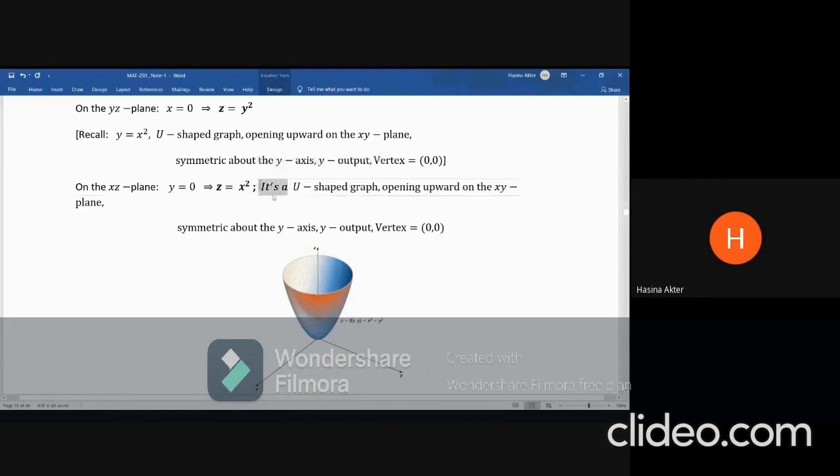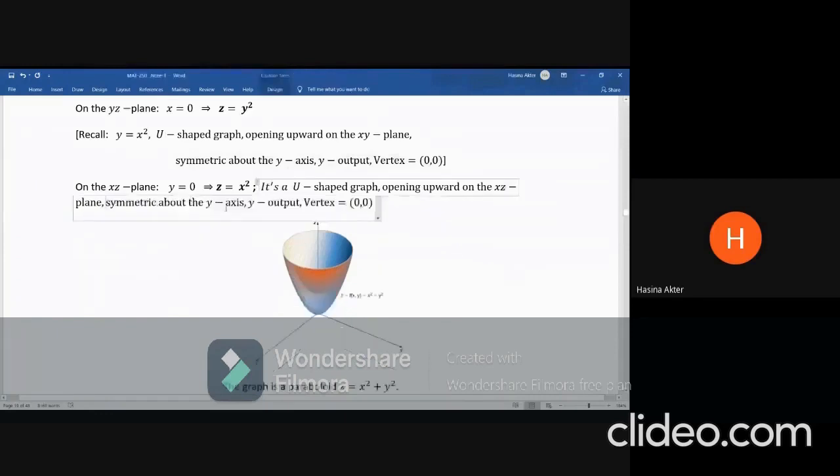So here you go. It's a U-shaped graph opening upward on the xz plane and symmetric about the z axis. I don't need this information anymore, so let's erase it.